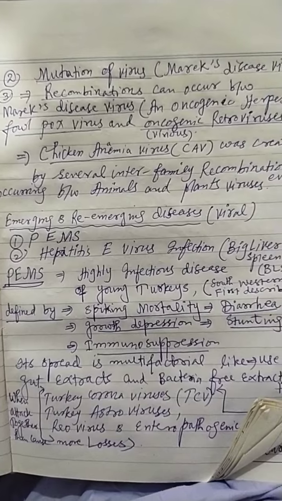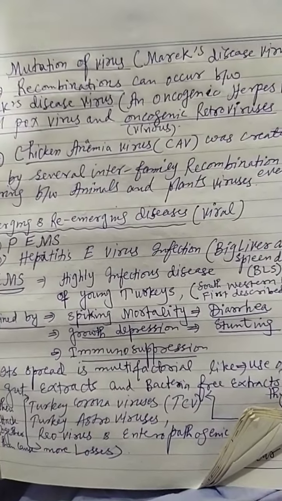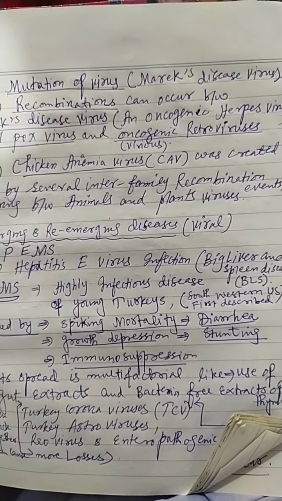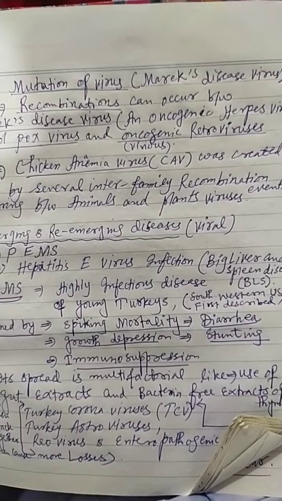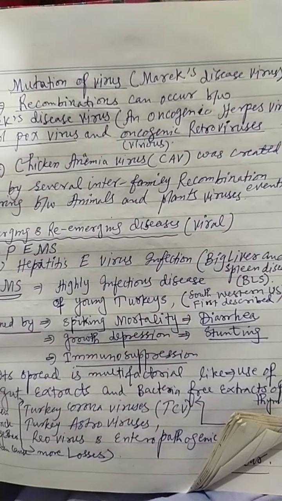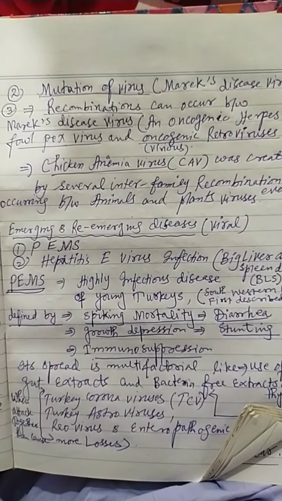The second method for emergence of viral disease is the mutation of the virus. For example, Marek's disease virus originated due to mutation of the virus. And number 3 is recombination.